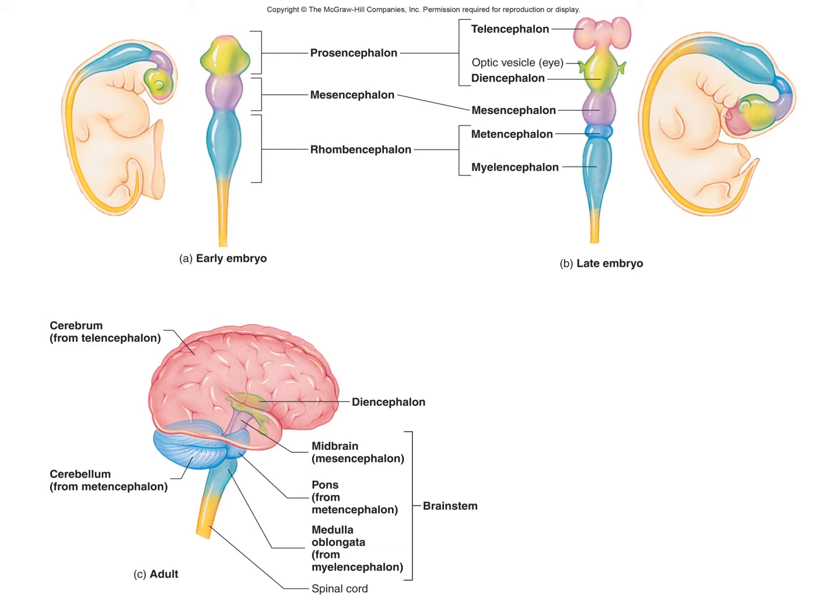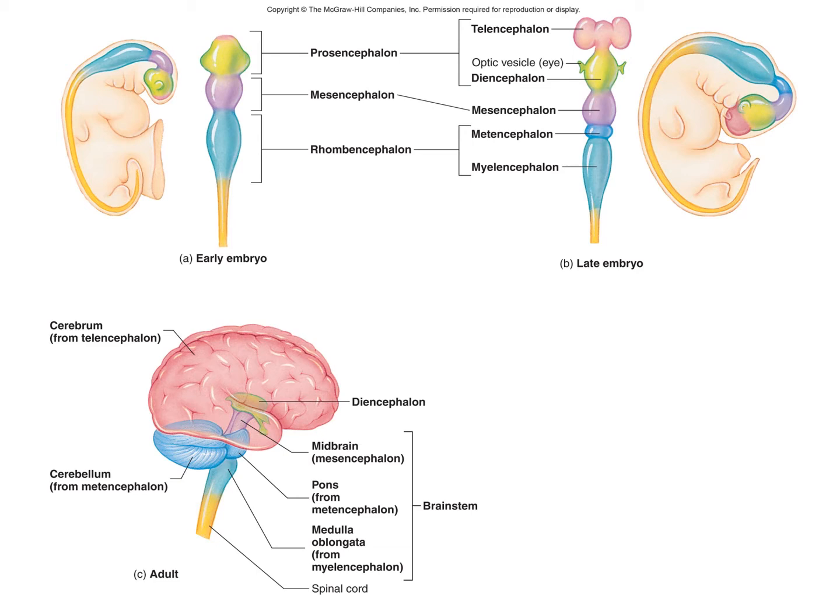So we see that as the embryo develops, the forebrain, or the prosencephalon, continues to expand and differentiate. The very tip of it forms a set of structures that are called the telencephalon. The eyes are outgrowths of the forebrain, and the posteriormost part of the forebrain becomes a swelling called the diencephalon.